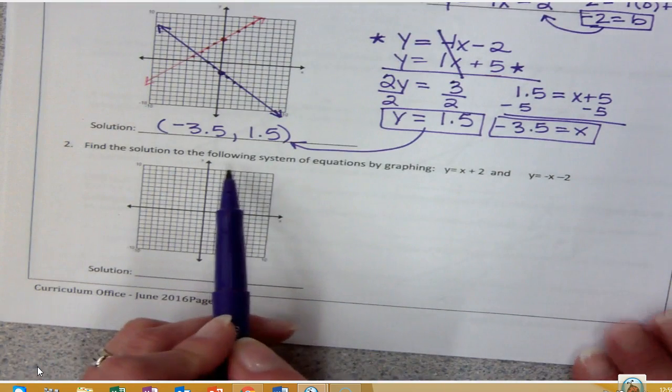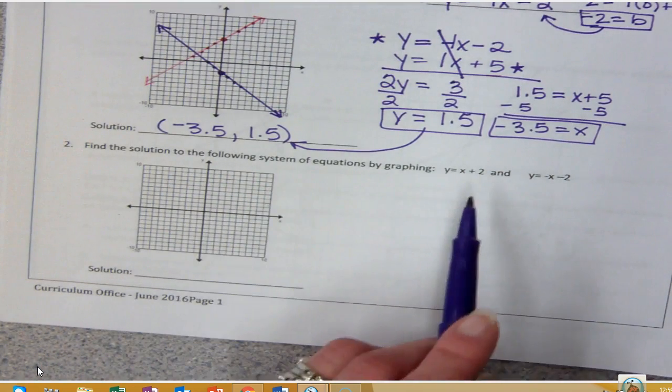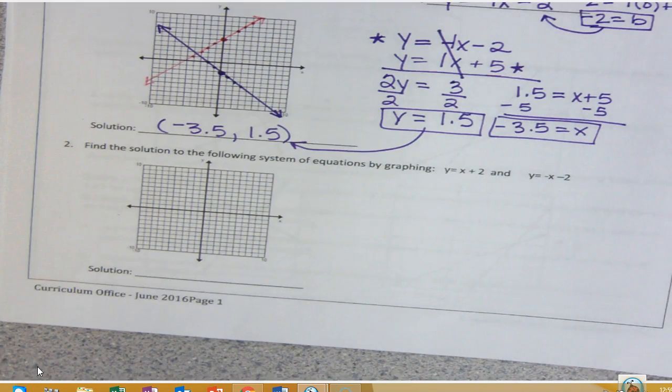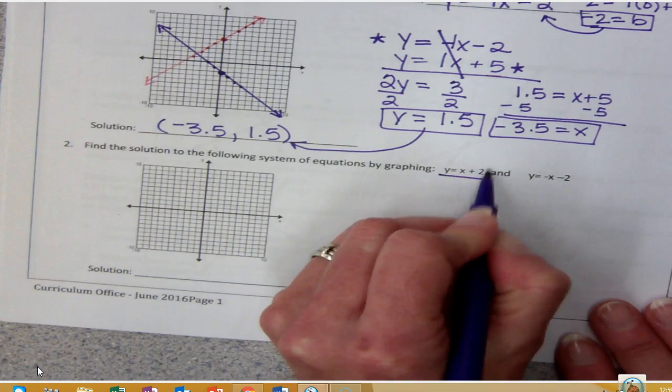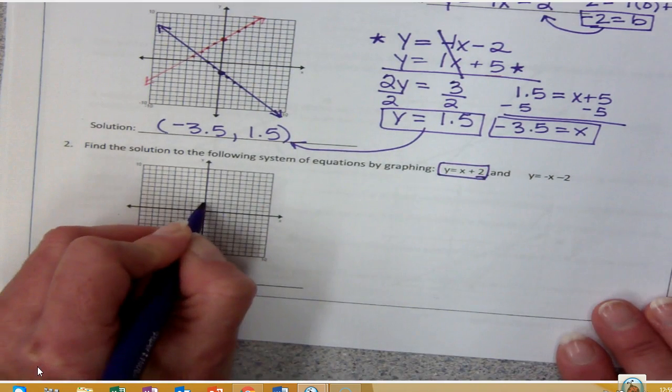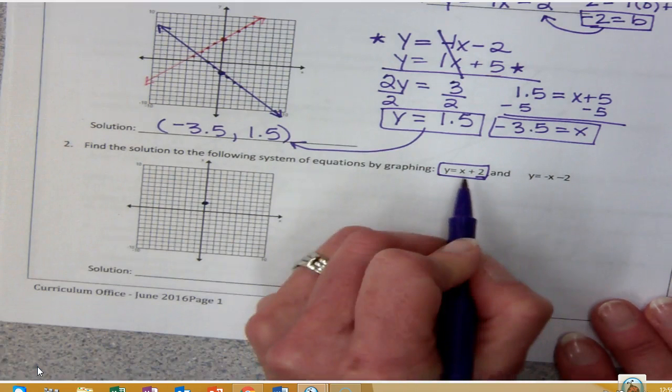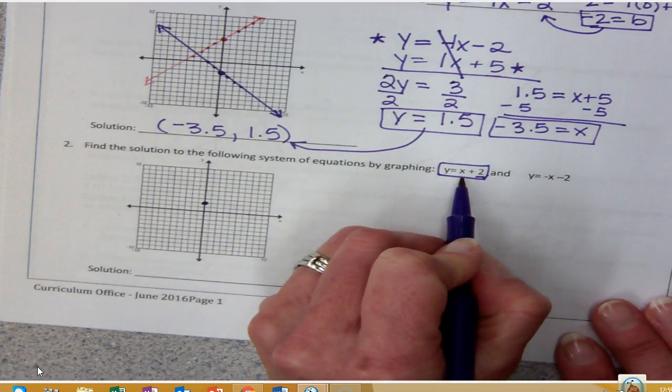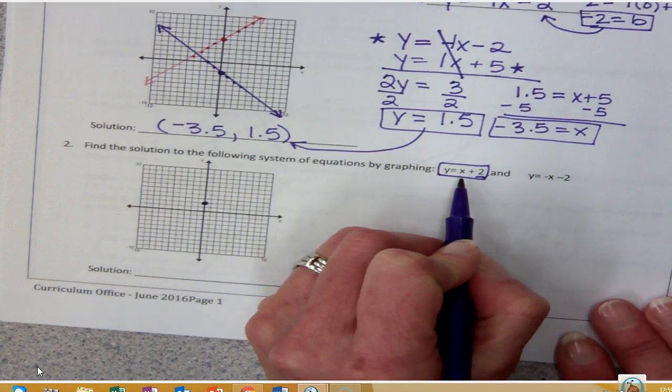Find the solution to the following system of equations by graphing these two lines. So I'm going to graph this one first. This is my y-intercept. I go up to 2. My slope is the number in front of my x, which is 1.